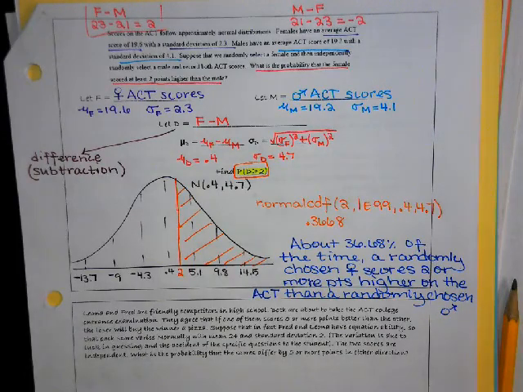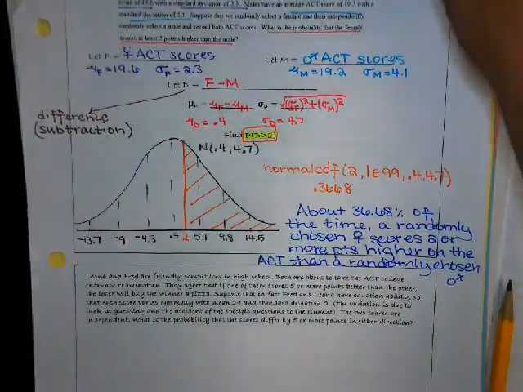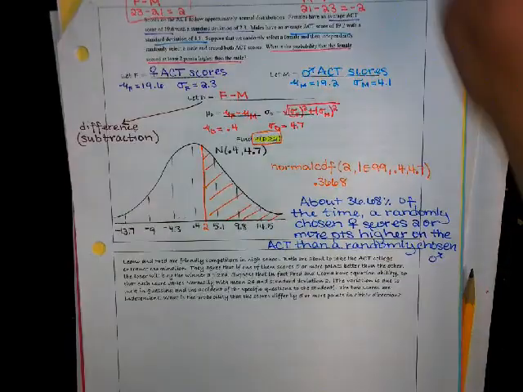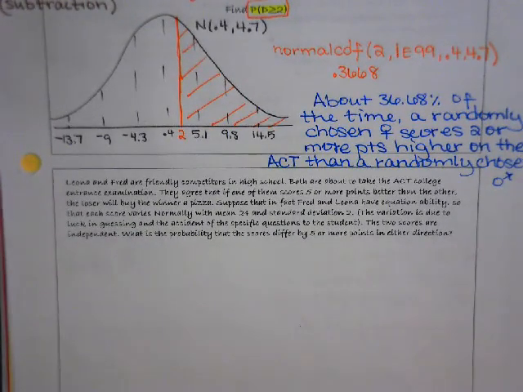Sorry. All right. Leona and Fred are friendly competitors in high school. Both are about to take the ACT college entrance examination. They agree that if one of them scores 5 or more points better than the other, the loser will buy the winner a pizza.